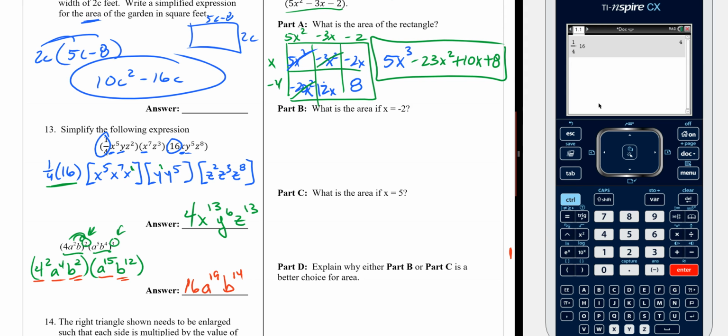What I'm going to do is take negative 2, plug it into this equation. So I have 5 times negative 2 cubed minus 23 times negative 2 squared plus 10 times negative 2 plus 8.